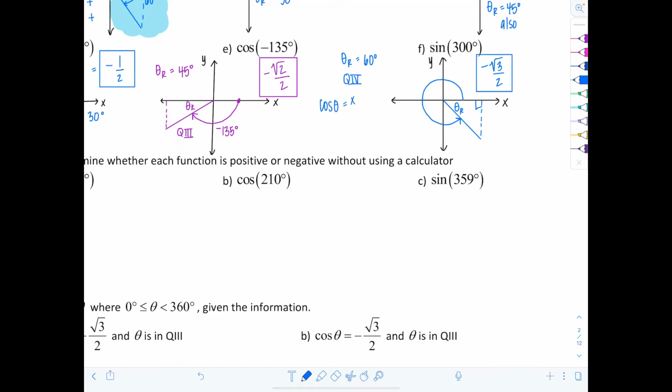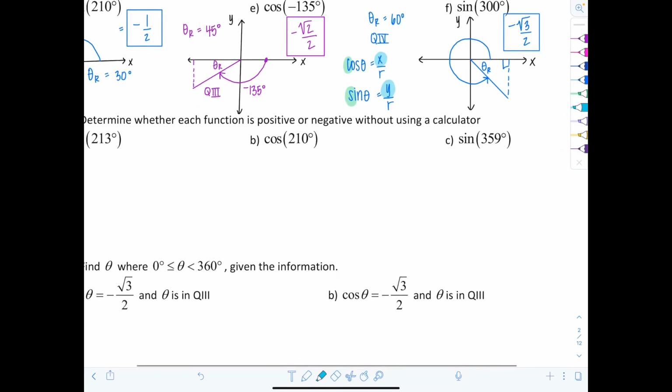Cosine theta equals X over R, and sine theta equals Y over R. And it goes in alphabetical order because C comes before S in the alphabet, just like, lo and behold, X comes before Y in the alphabet. So you can just remember the correspondence that way, and then determine whether or not sine or cosine are positive or negative, dependent on whether X or Y is positive or negative.